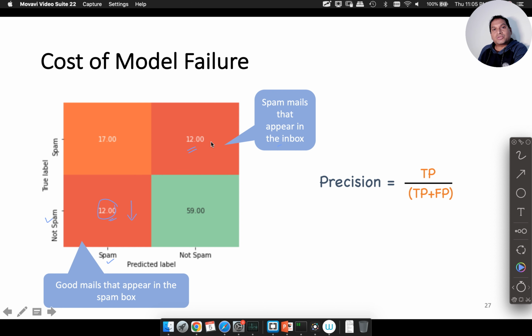This is one of the reasons we see a lot of spam mails in our inbox. And in cases where the false positives have to be minimized, precision can be a good metric to measure, because as false positives go down, the precision becomes very high.